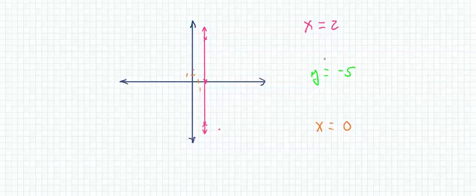Boom, done. Y equals negative 5. 1, 2, 3, 4, 5. Y is negative 5. Draw our line. We'll try that again.